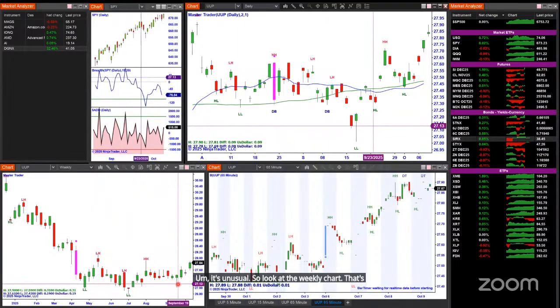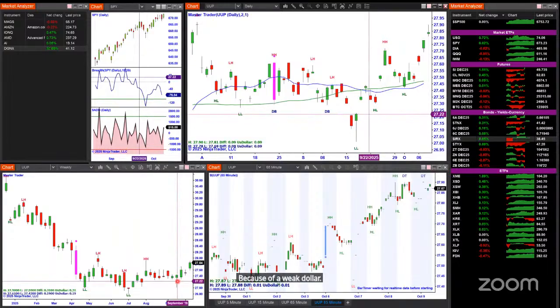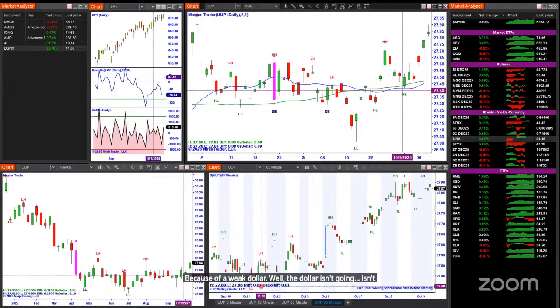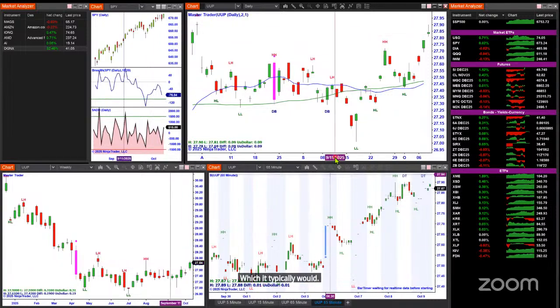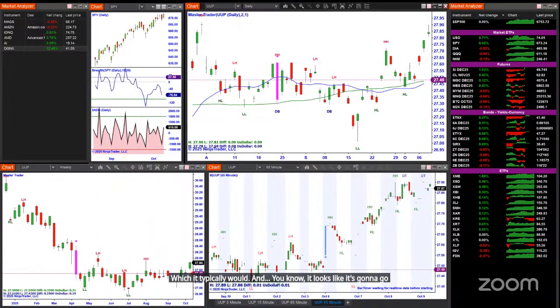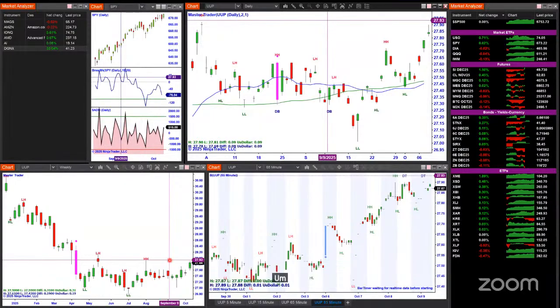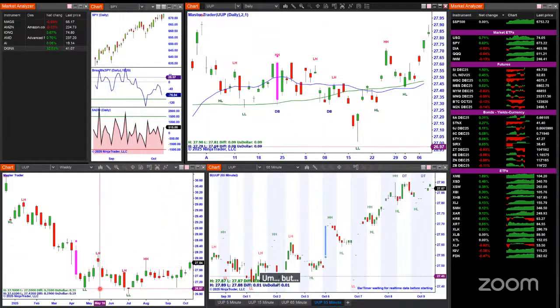That's a bottom. But what I hear on CNBC is gold is going up because of a weak dollar. Well, the dollar isn't rallying in an uptrend, but it isn't going down, which it typically would. And it looks like it's going to go higher, just basing. It can clear these pivots up there, so it's coming up to resistance. But the dollar, no doubt, is bottoming out. All right, let me continue.